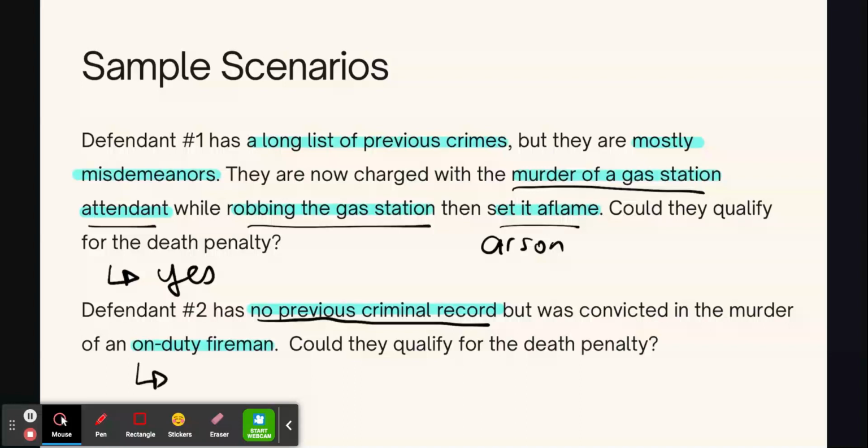So most likely, defendant number 2 would also qualify for the death penalty, even though they have no previous criminal record. And this is something that we'll talk a little more in depth about when we talk about the pros and cons of the death penalty and how it is implemented, because this is one of the things many opponents cite in their discussion of the ethics of it.